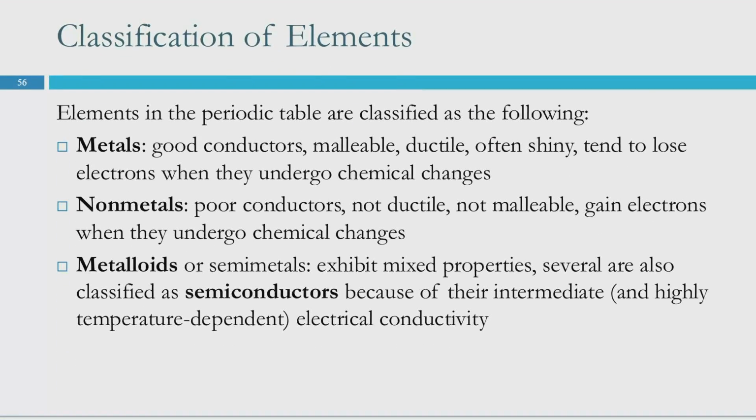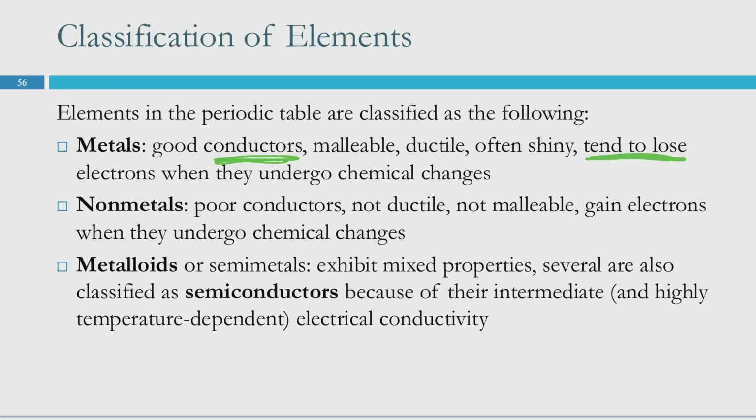So our metals do things that we know metals do well, even if we don't think about them. They're good conductors, meaning they transfer electricity really well, they transfer heat really well. They're oftentimes malleable and ductile, ductile meaning that you can make them into wires. And we do that especially because they're good conductors. Many of them are shiny, or they can be shiny.